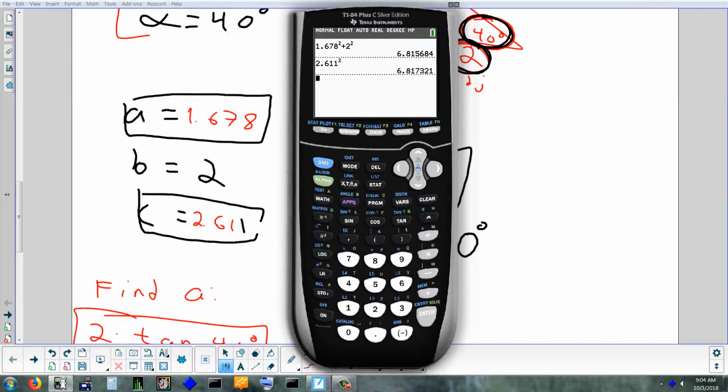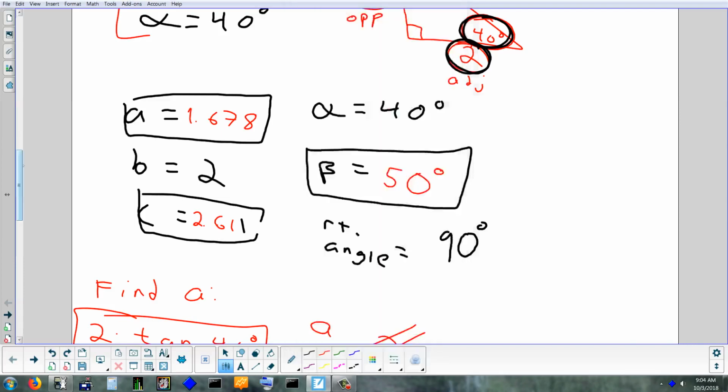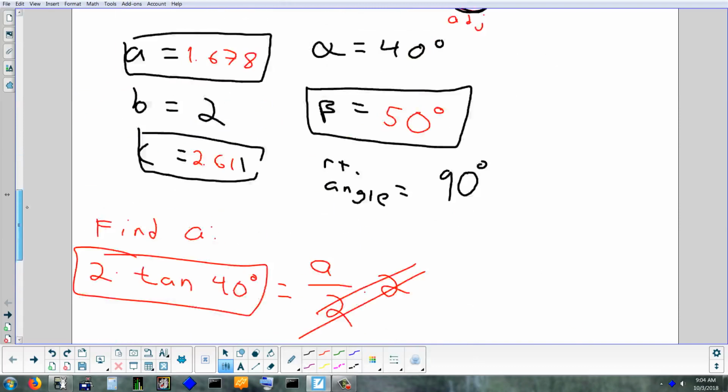So I got 6.816 and 6.817. So they didn't come out exactly the same. Does that mean I did something wrong? No, it's just because of rounding. We went to 3 decimal places, so it's pretty close. 816, 817. So because they came out pretty close with the Pythagorean Theorem, I would be pretty confident that everything is correct there.